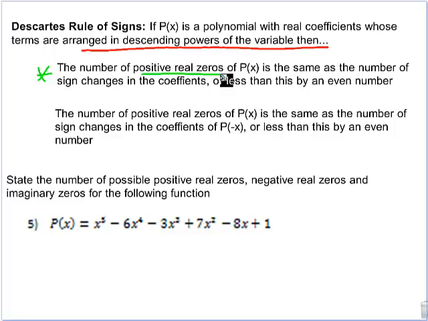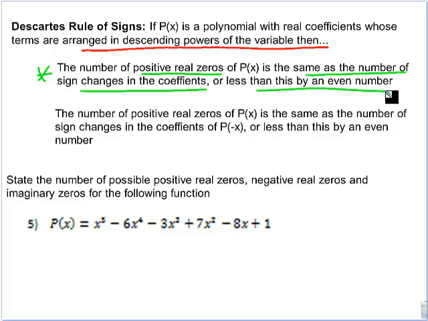The number of positive real zeros is the same as the number of sign changes in the coefficients. If you go from a positive to a negative, that would be 1. If it changes back to a positive, that would then be 2. So you're going to count how many times the sign changes, and that's how many positive answers we could have.